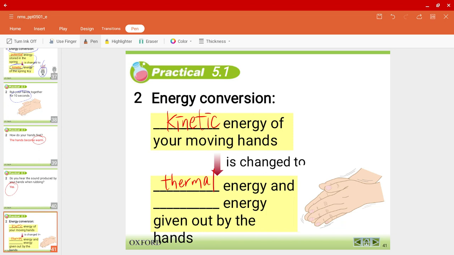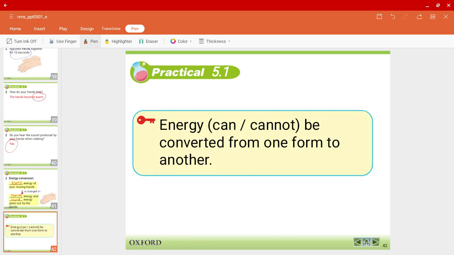Thermal energy, please remember this. You may ask me why, but I prefer thermal energy. In detail, we can maybe talk about it when you come back to class. So thermal energy, and the other is, of course, sound energy. Based on these two examples, we can know that energy can indeed be converted from one form to another.